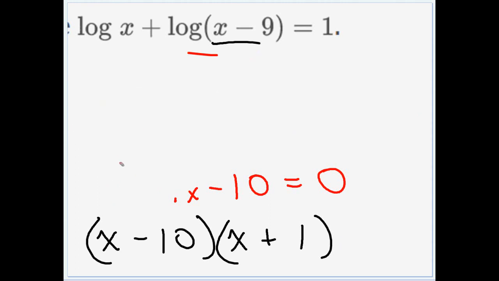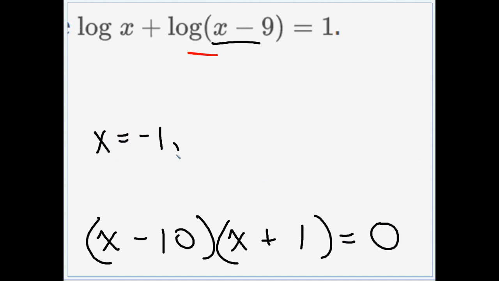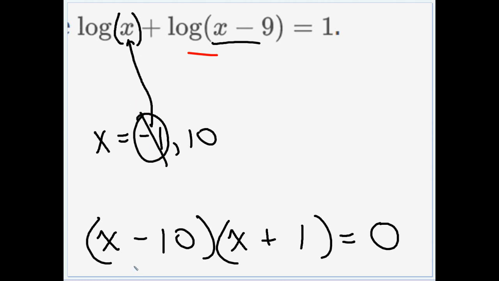All right, if we set those factors separately equal to 0, we will get x is negative 1 and positive 10. If I plug the negative 1 in for that x right there, that's enough to stop. We would blow up this answer, extraneous. We could plug the 10 in there. We could log a 10, no problem. We could log a 10 minus 9. That's still positive. That's fine.